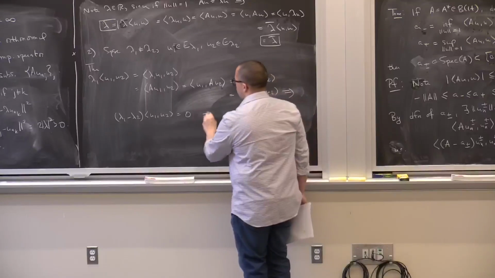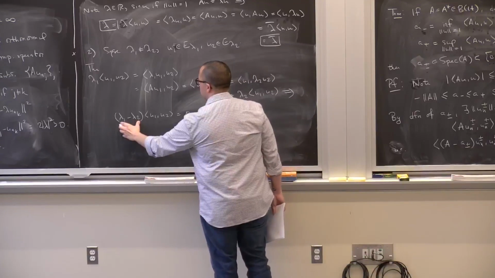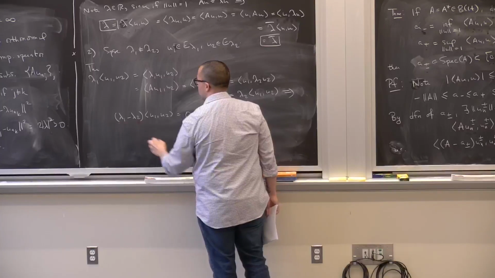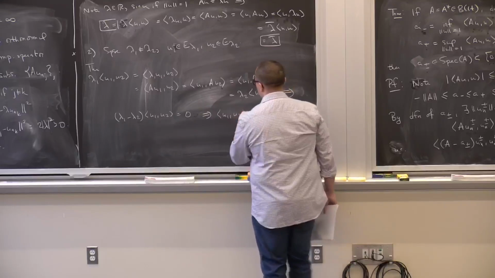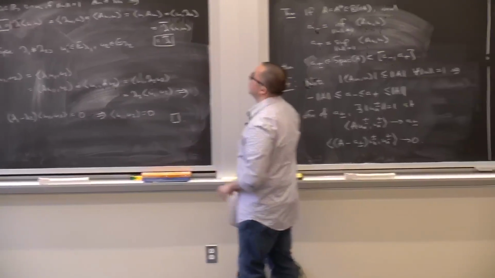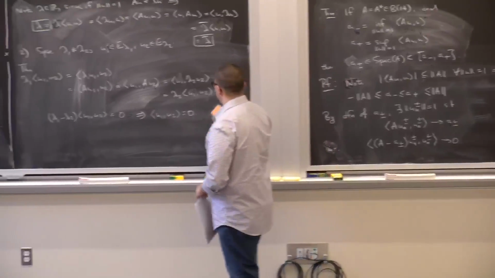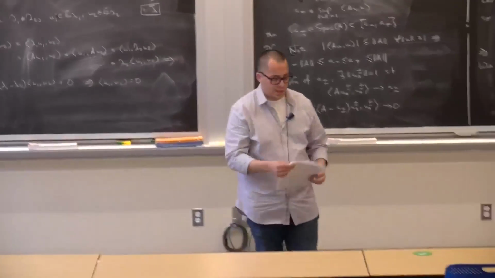Okay, and remember we're assuming lambda 1 and lambda 2 are not equal, so this quantity here is non-zero, so I get that the inner product of U1, U2 equals 0. And that's the end of number 2, but not the end of the proof of this theorem.